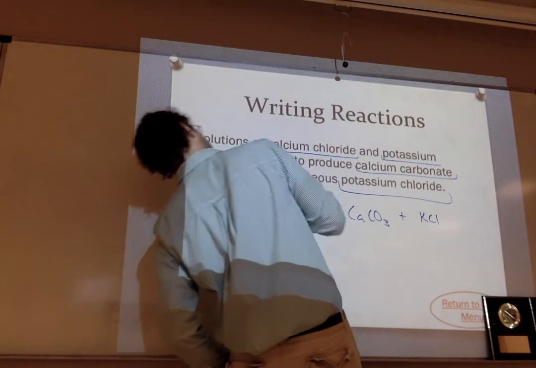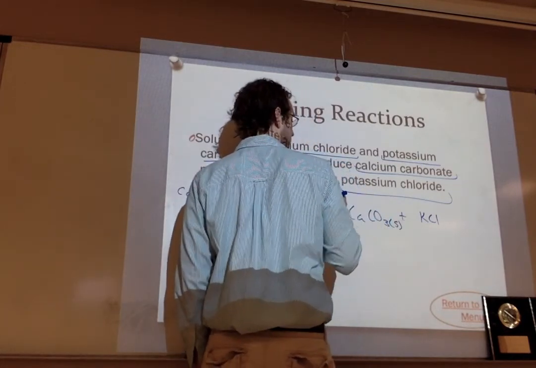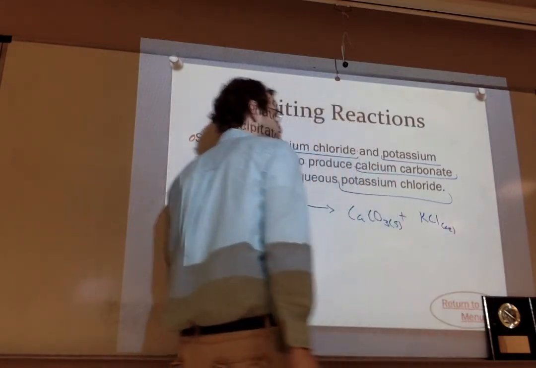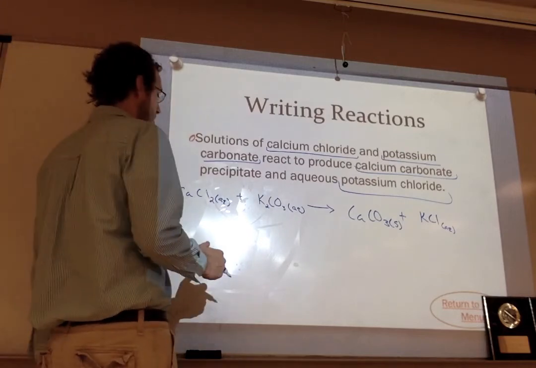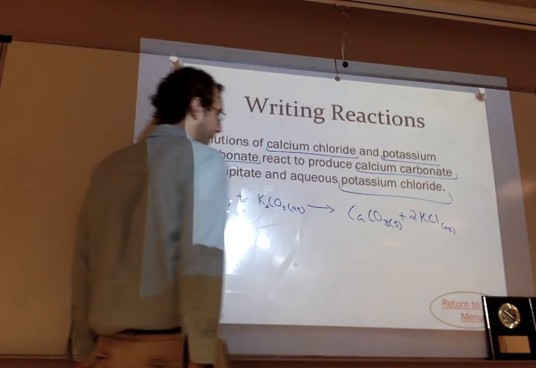Calcium carbonate precipitate, so this is a solid. Precipitates are solid. Potassium chloride is aqueous. A salt is going to dissolve in water. What's left? Balance, what do we need? 2.